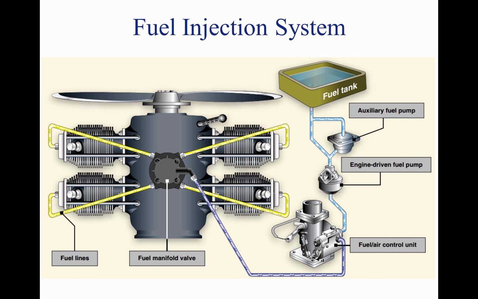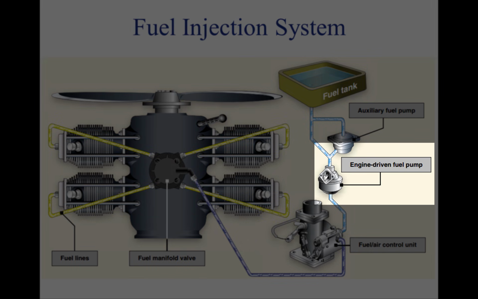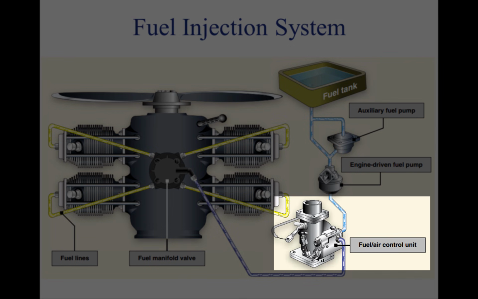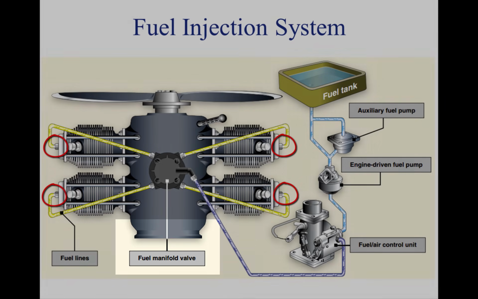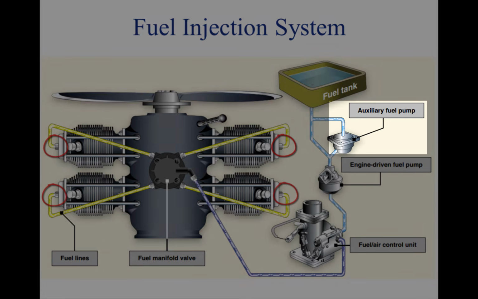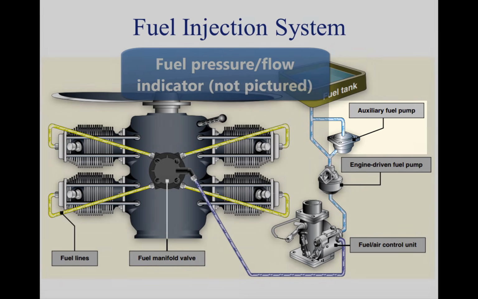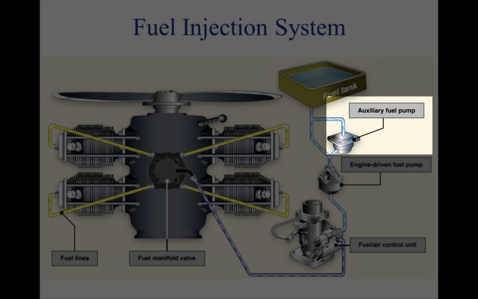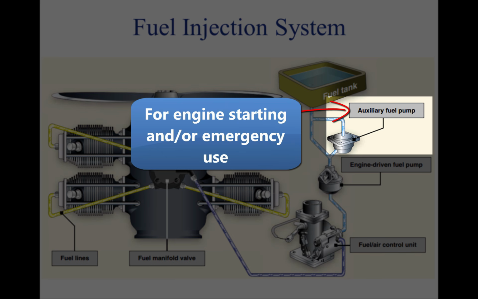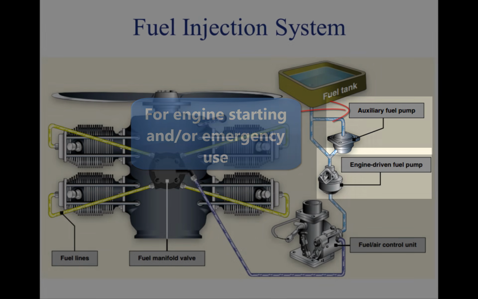A fuel injection system usually incorporates 6 basic components: an engine-driven fuel pump, a fuel air control unit, fuel manifold, fuel distributor, discharge nozzles, an auxiliary fuel pump, and fuel pressure flow indicators. The auxiliary fuel pump provides fuel under pressure to the fuel air control unit for engine starting and/or emergency use.